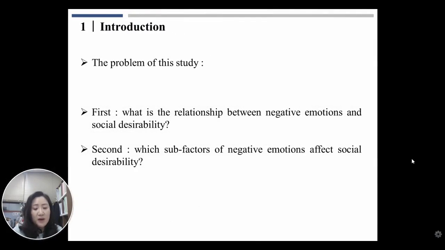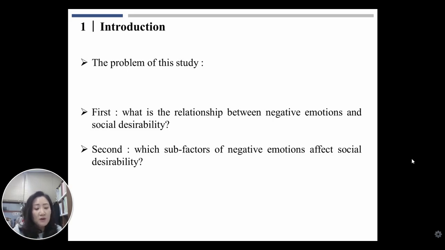Among the various factors that affect social desirability, this study intended to investigate which negative emotion among college students affects social desirability. As such, by using a test tool that considers social desirability in conducting a self-report test, what the researcher wants to measure can be reasonably measured.